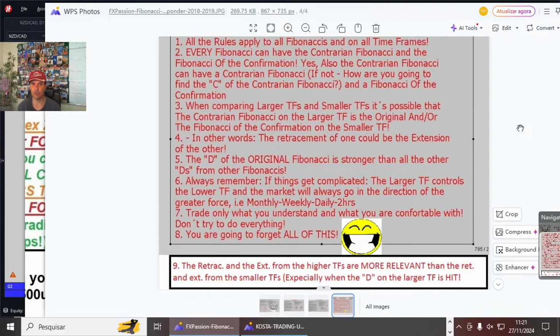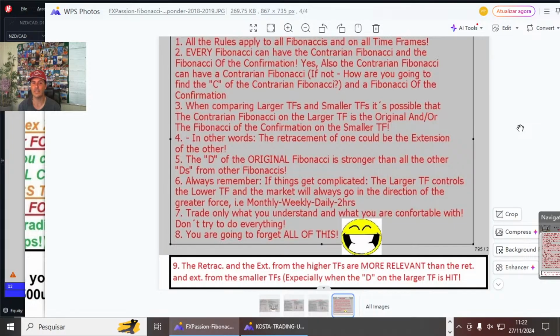The Ds of the original Fibonacci is stronger than all the other Ds from other sub-Fibonaccis. Number 6, always remember, if things get complicated, the larger time frame controls the lower time frame and the market will always go in the direction of the greatest force. Monthly, weekly, daily, 2 hours. Number 7, trade only what you understand and what you're comfortable with.